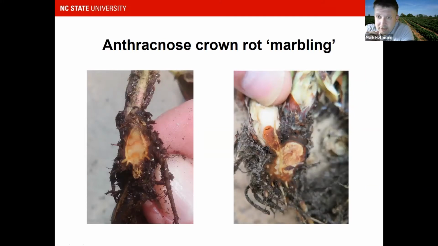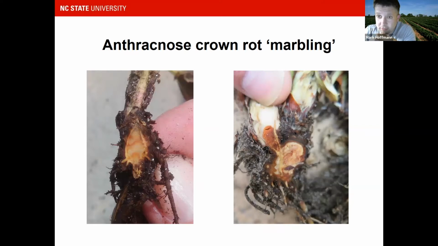Another pretty easy symptom to identify is the root marbling, which is basically if you cut through the crown into the root system, you would see those yellow marbles here, and those dark spots here. Again, that is not necessarily indicative of only crown rot. You can have similar symptoms with Phytophthora, for example.